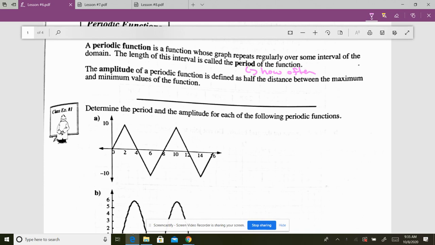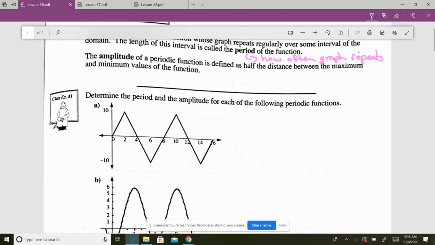How often the graph repeats. And when we look at the graphs, I'll talk about that in a sec. The amplitude is, here's the actual definition, half the distance between the maximum and the minimum values.